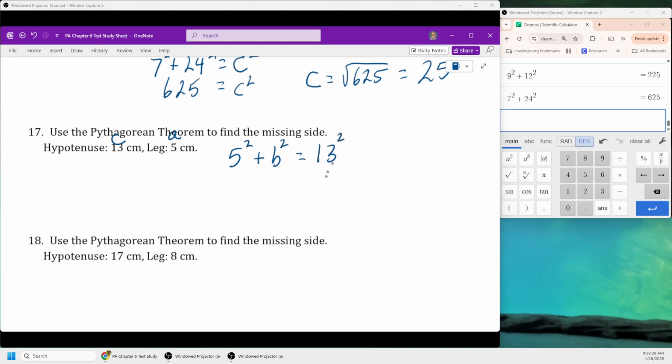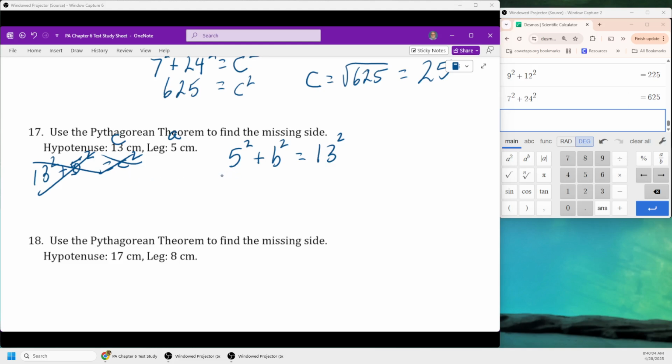The big temptation will be to just go 13 squared plus 5 squared equals C squared, because that's what we did on the previous 2. But that is incorrect. I've seen many students do that: you've got two numbers, so you just put them into a squared plus b squared. You just got to think and pay attention.